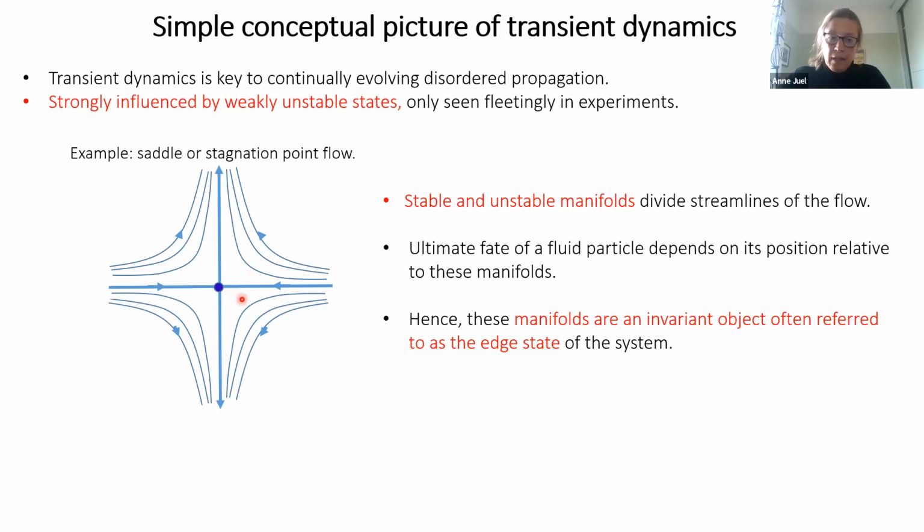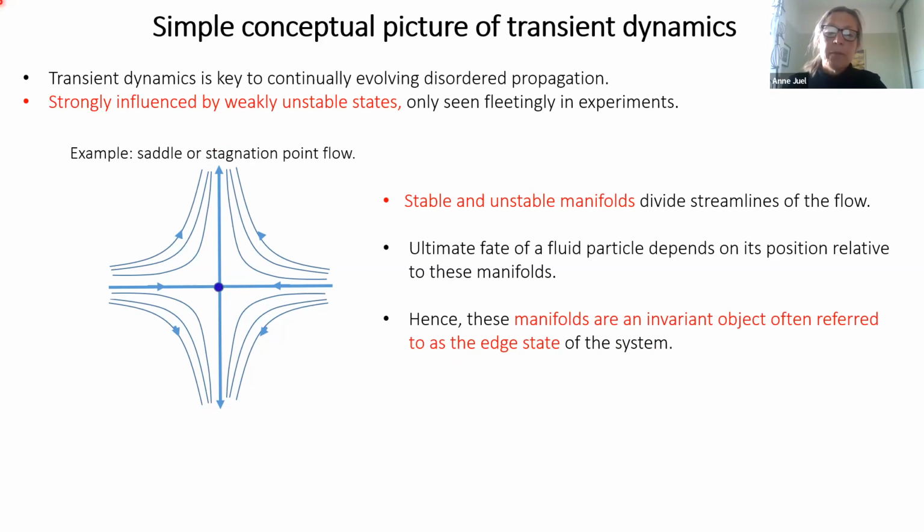And in that case, you have stable and unstable manifolds, a stable manifold here and an unstable manifold there, that divide the streamlines of the flow. And so you can be transiently attracted towards the fixed point, but eventually you will always be pushed out again along the unstable direction.